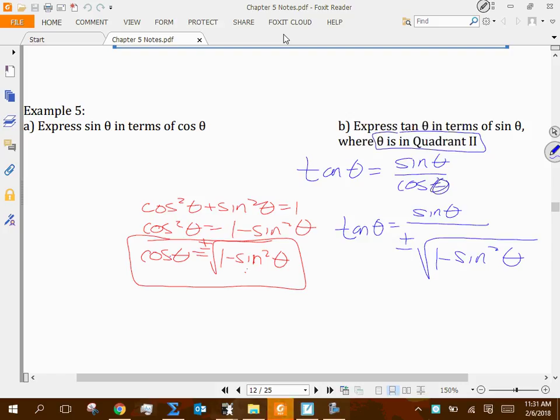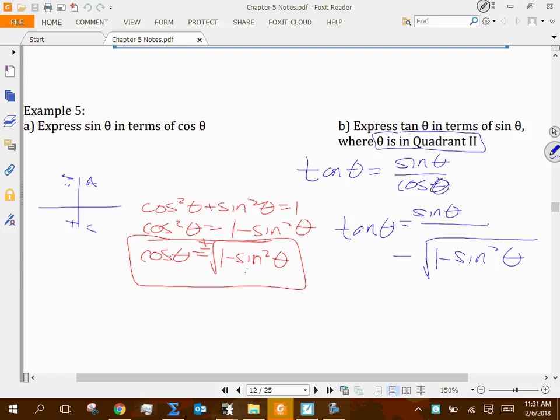Cosine in quadrant 2 is what kind of number? Negative, right? All Students Take Calculus, so cosine is negative here in quadrant 2. So which one of these versions do I take? I take the negative. So tangent theta then is equal to negative.